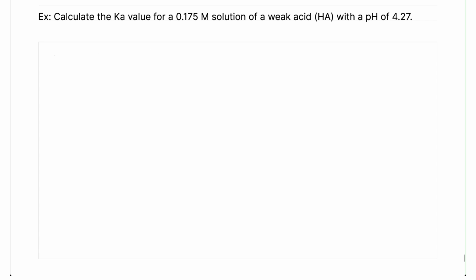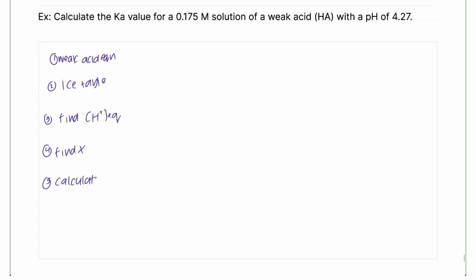For our steps, we're going to use our weak acid equation, an ICE table, and then we're going to find the concentration of H+ at equilibrium with the pH. We're going to find X in the ICE table. And once we fill out all values in the ICE table, we're going to use those equilibrium values to calculate Ka.